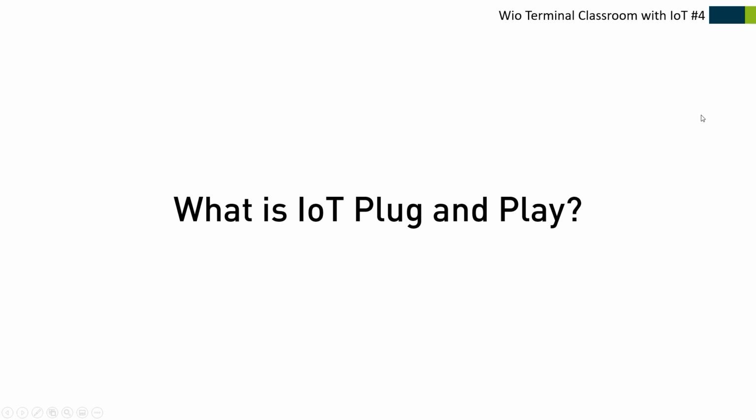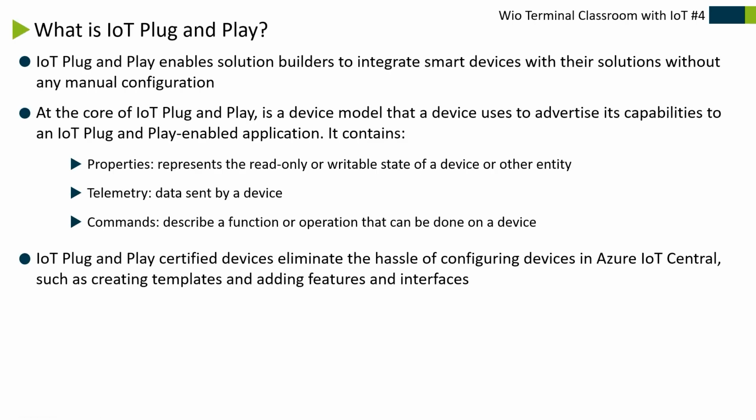Next, let's talk about IoT Plug and Play. IoT Plug and Play enables solution builders to integrate smart devices with their solutions without any manual configuration. At the core of IoT Plug and Play is a device model that a device uses to advertise its capabilities to an IoT Plug and Play enabled application. It contains properties, telemetry, and commands.